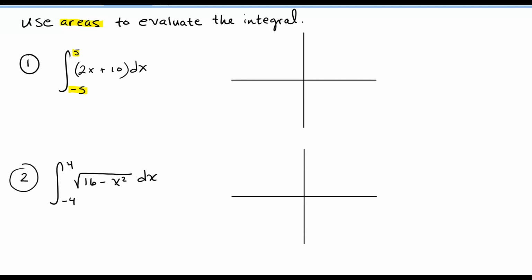It's a line with a y-intercept of 10 and a slope of 2. So let's suppose that right here is my intercept 10. I'm going to do a rise over run there, and let's just pretend that this is what it looks like. This right here is -5.